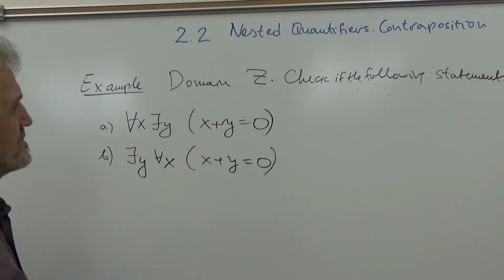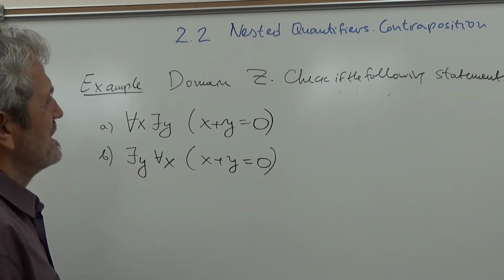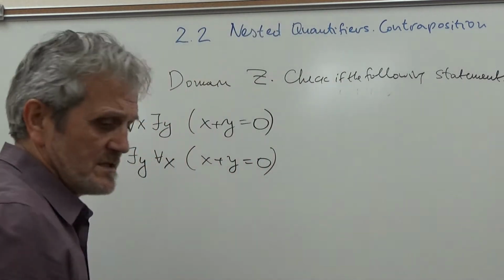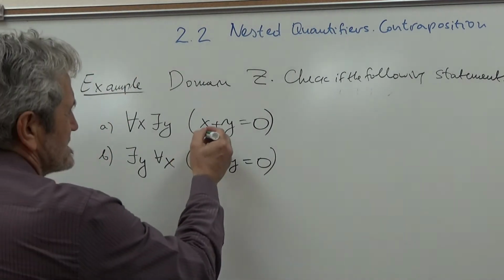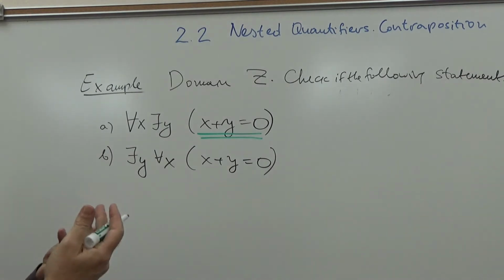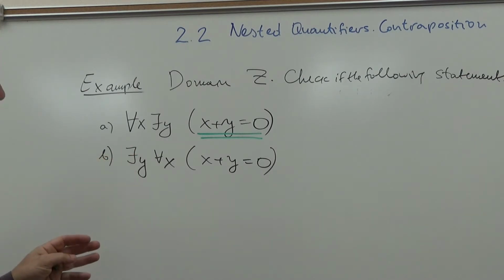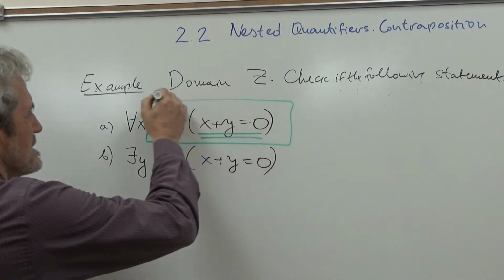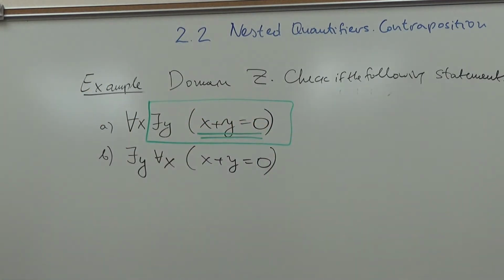Inside we have just a statement, the equality x plus y equals 0. The way it is constructed, there's no real propositional structure in it, it's just a basic statement. Then that statement was combined with the quantifier there exists y, and that made another predicate formula.